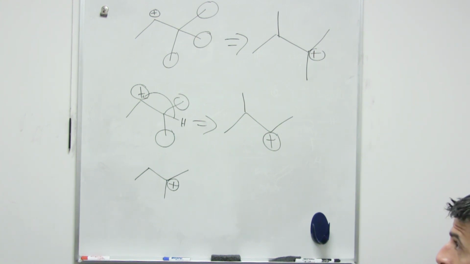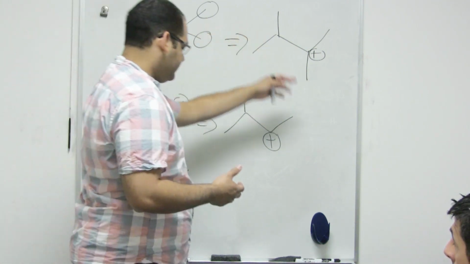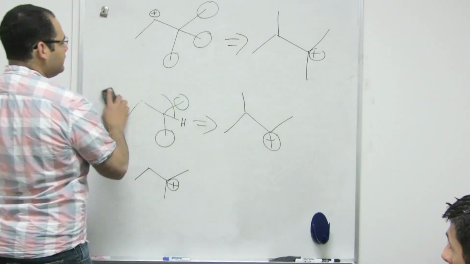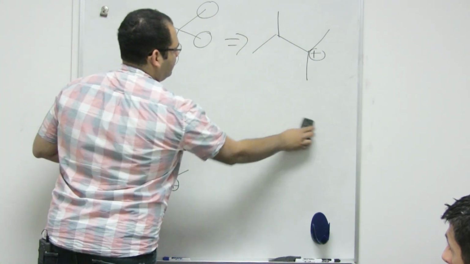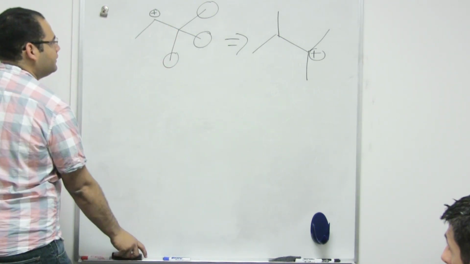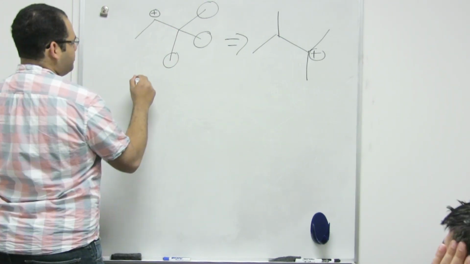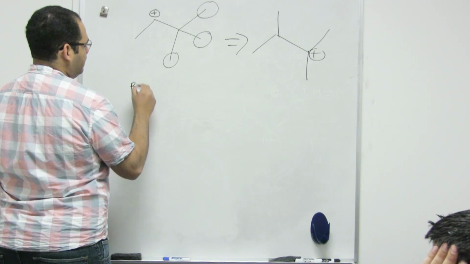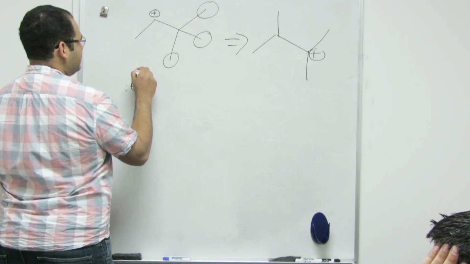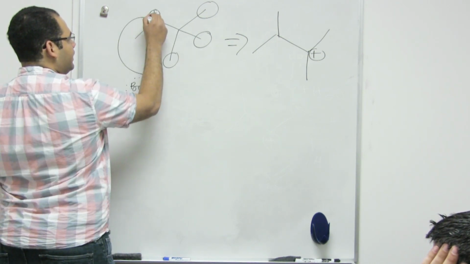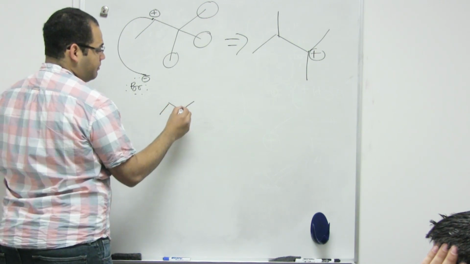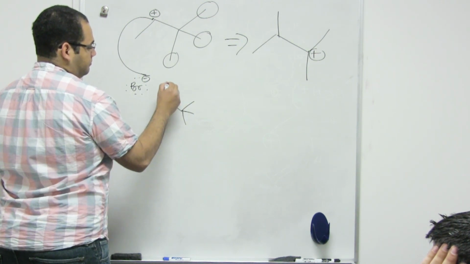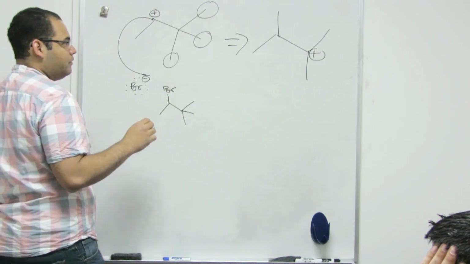So when I'm getting my final answer, suppose I'm dealing with this one here and working with substitution. Suppose I'm adding Br minus. My Br could come and add there, and it could be one of my products without any shift.